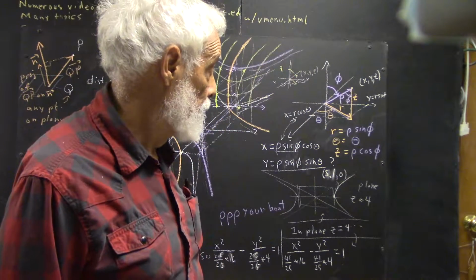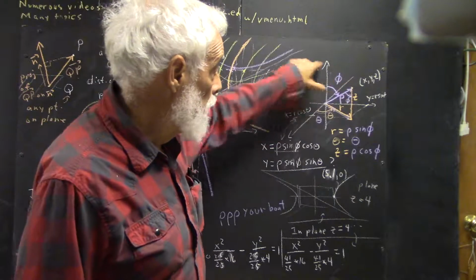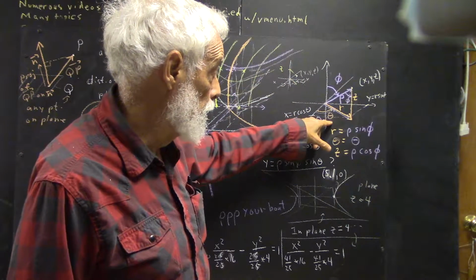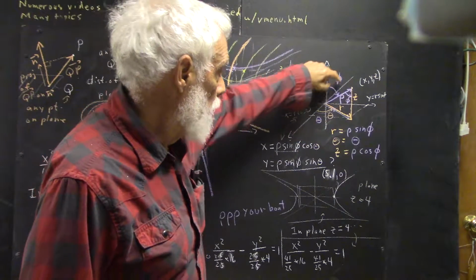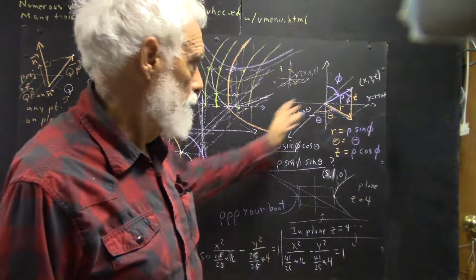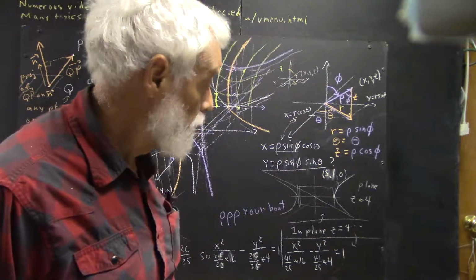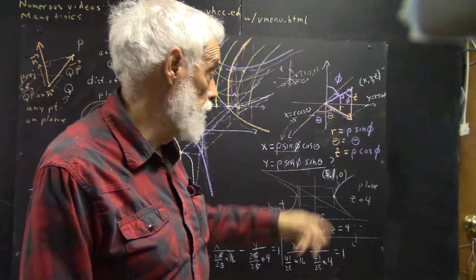Okay, so we would add pi to whatever angle we get here if the x coordinate happens to be negative. So that should be very familiar, that kind of transition.